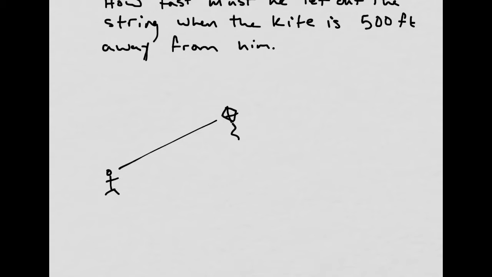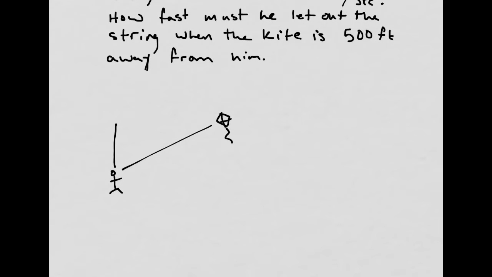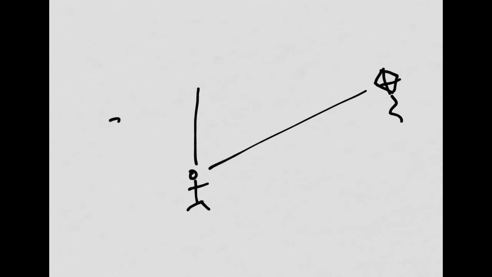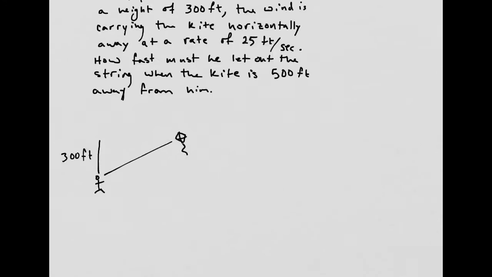We don't know how tall Leopold, so I'm just going to assume this distance is negligible. 300 feet up, that's how high this kite is flying. Now notice this is not changing because the kite is moving horizontally away. So since this is not changing, I don't have to label it with a variable. I can label it with the number 300 feet.